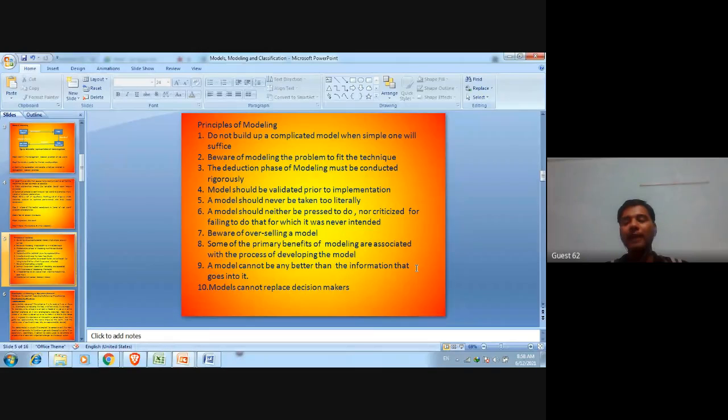Then you have to decide how to calculate. If you give wrong inputs, the result will be according to that, but they do not have the capacity to generate it. In some situations, it is always better to gather more information about the system instead of exerting more effort on model construction. Now, the next one is models cannot replace decision makers.